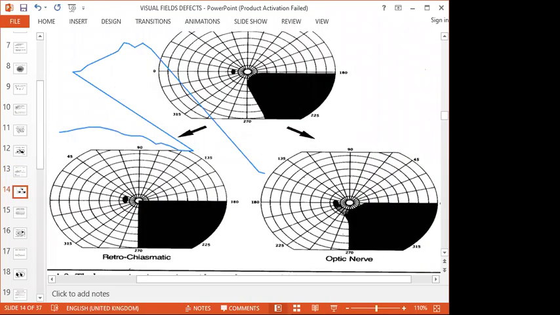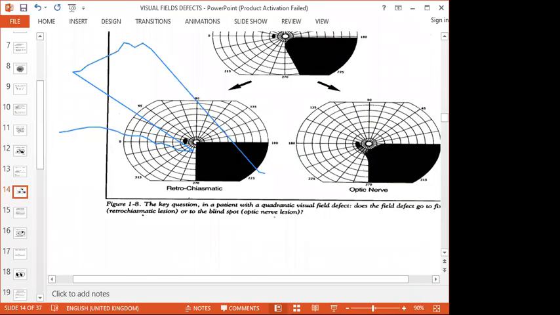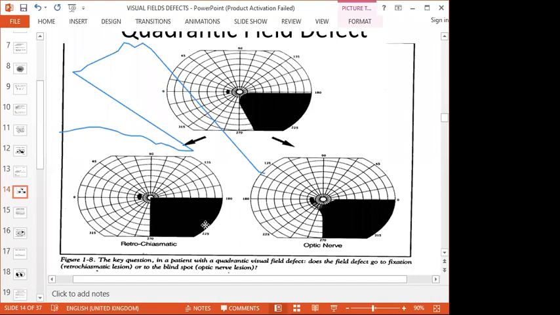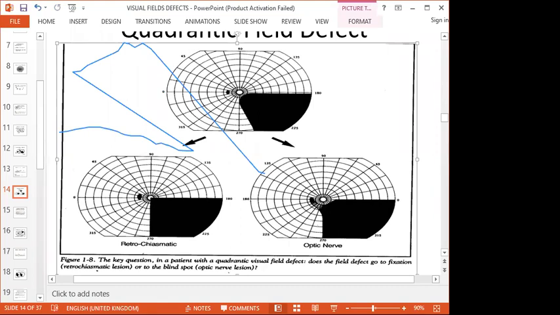I don't know what you think. Okay. The quick question: in a patient with a quadrantic visual field defect, does the field defect go to fixation? If it goes to fixation, it's retrochiasma. Or to the blind spot, optic nerve lesion.